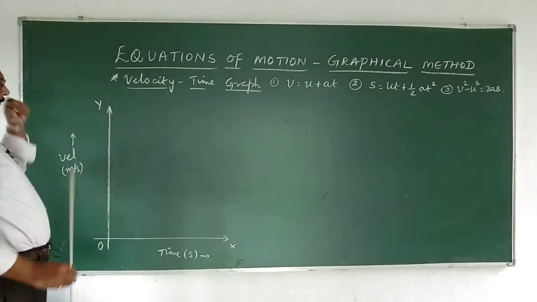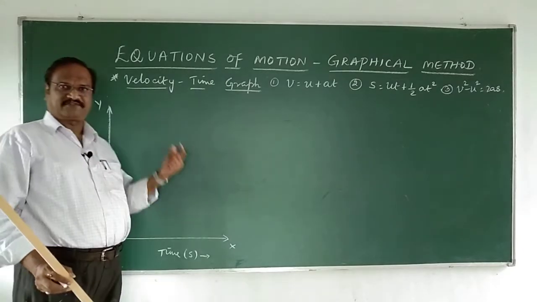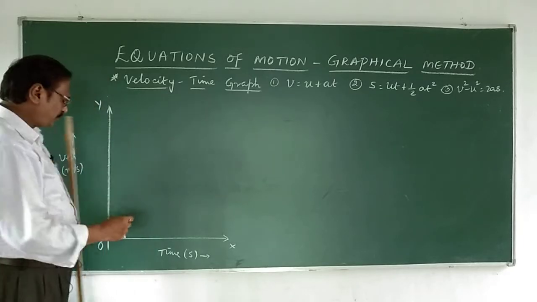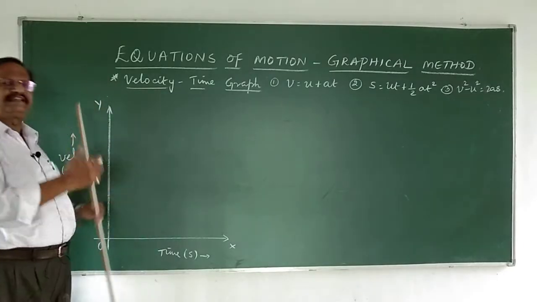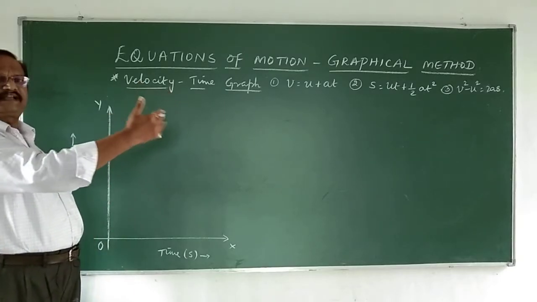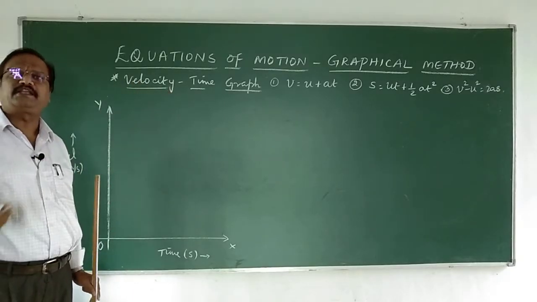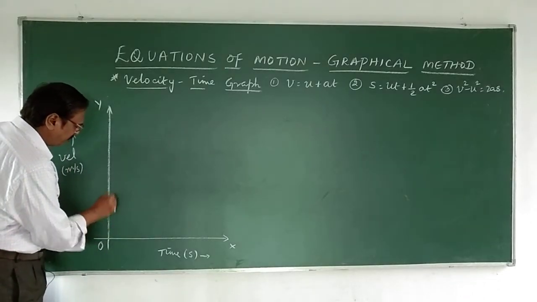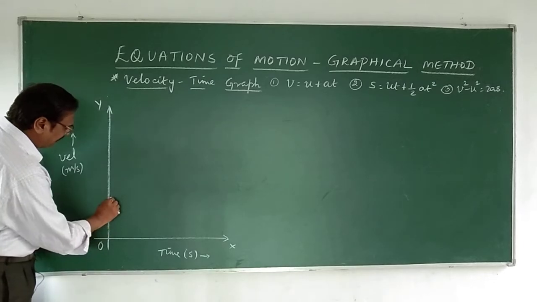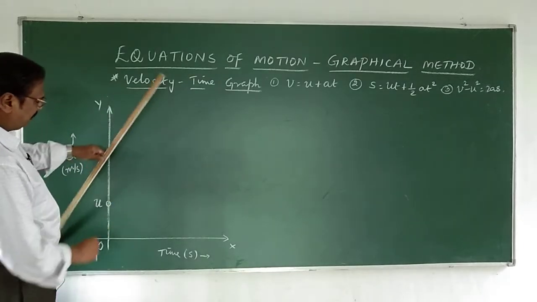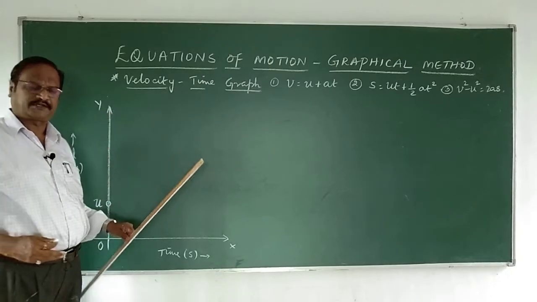When we study a graph of a body in motion, the body is not starting from the origin. It already has some initial velocity. I observe a car moving, right? It has an initial velocity, let us say 20 meters per second. So I will have a minimum value here. This is the initial velocity u, and it is a constant acceleration.